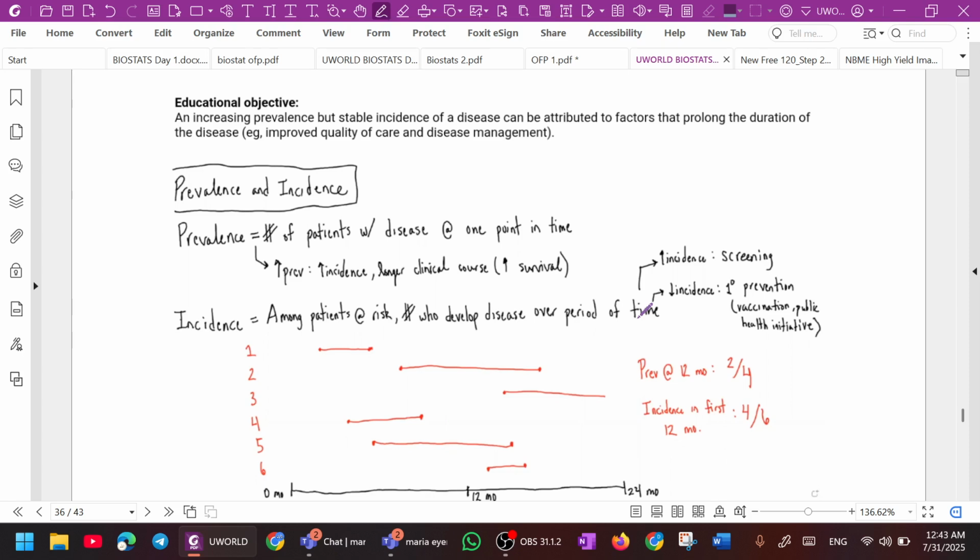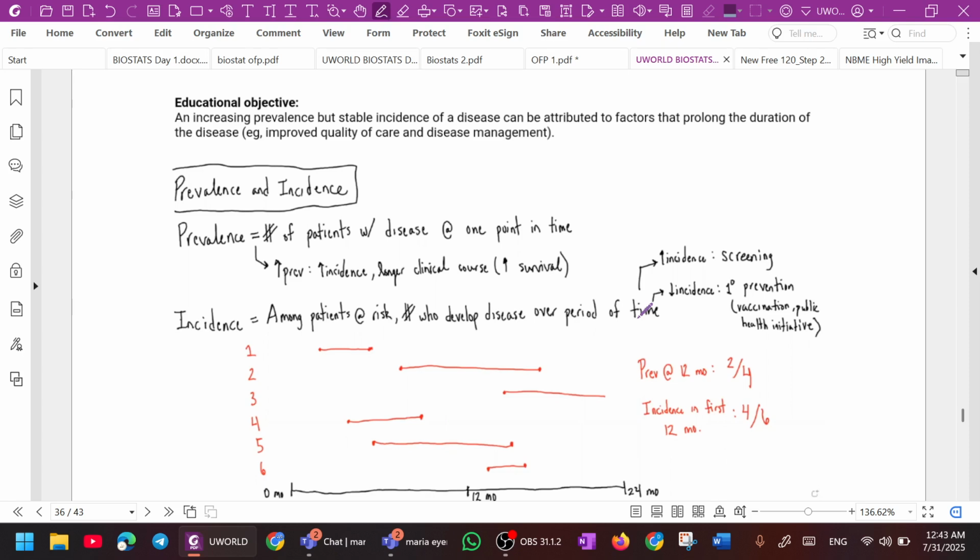The definition of incidence is among the patients at risk, so among the patients that don't have the disease at the beginning of the period, which ones developed the disease over that period, 0 to 12? At the beginning, how many of them develop the disease by the end of the 12 months?